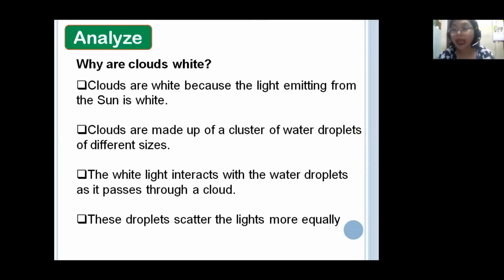It's scattered equally. That's why we see white clouds instead of different colors. Okay, it's the same reason why snow is white, because the light is distributed equally.